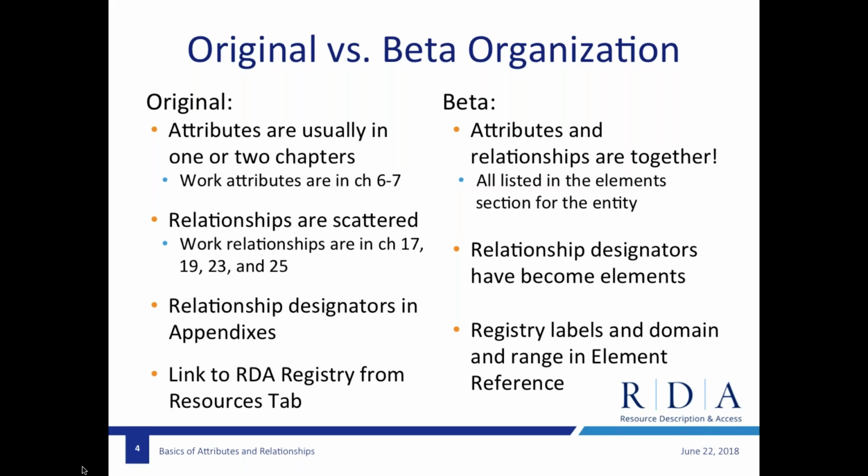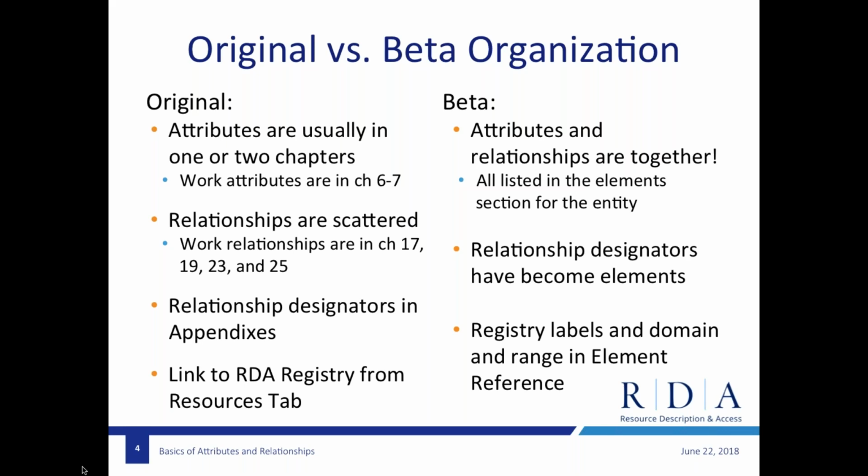In the beta toolkit, we have attributes and relationships together, which I think is very exciting, one-stop shopping, all listed. All the elements for the entity are listed at the bottom, that long list, and you can navigate from there. Relationship designators have become elements. We'll see more of this later, but they may have the same name, they may have a different name.